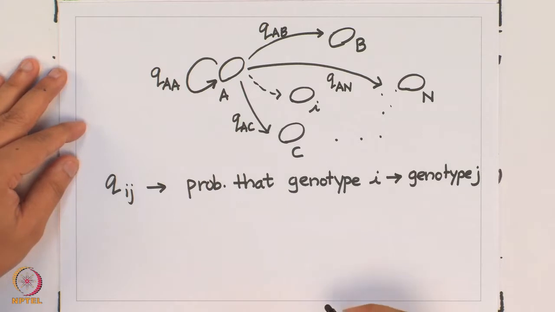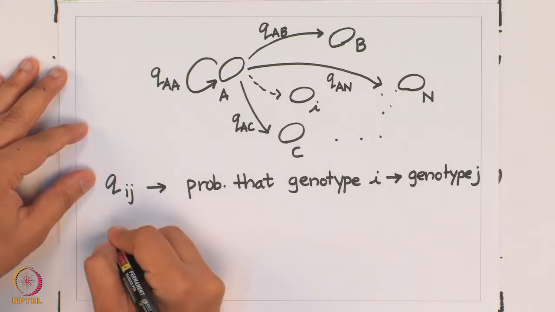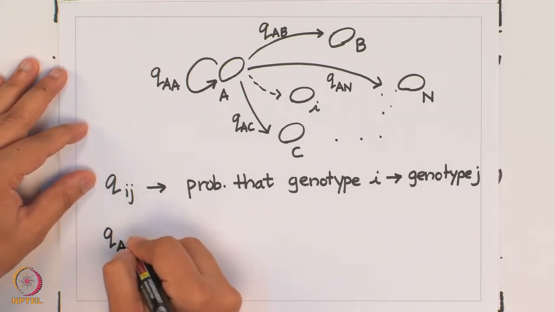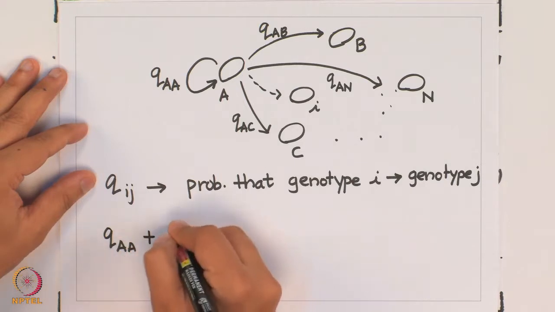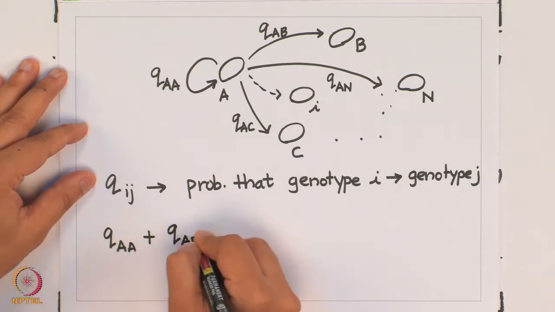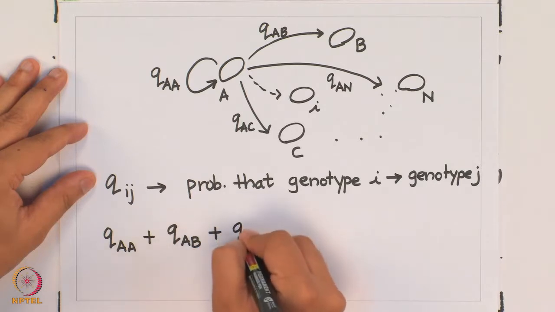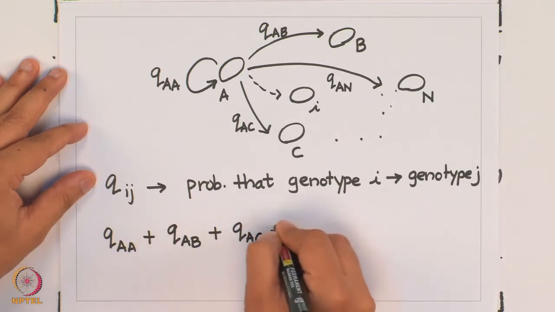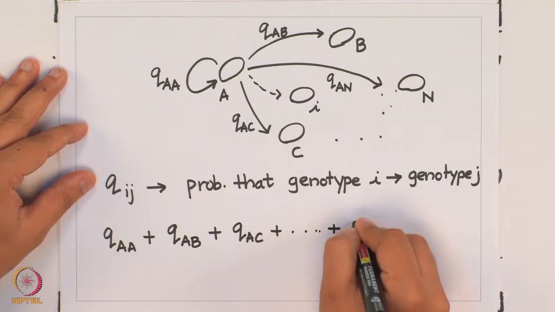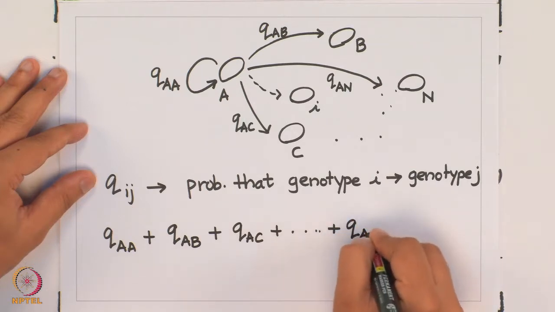One quantity that we should note here is QAA plus QAB plus QAC going all the way up to QAN.